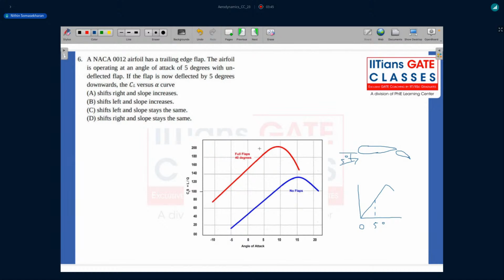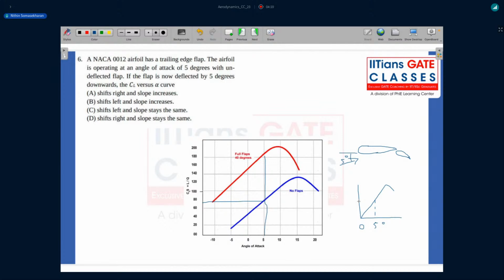So the blue curve and the red curve, if you compare, what it is exactly doing is it's shifting for a given, let's say, at a given angle of attack, let's say 5 degrees. Here you can see, it corresponds to some value. And, with flap, it's basically a much higher value. So it's in fact shifting your CL versus alpha curve a little bit higher.